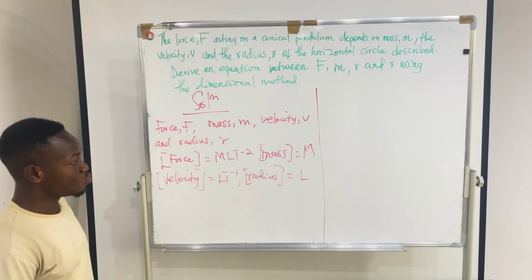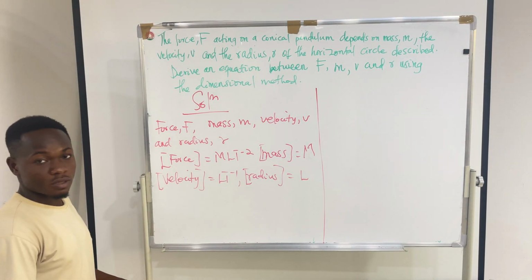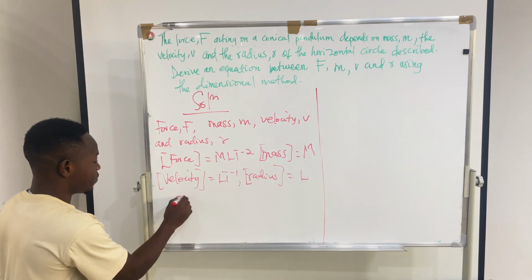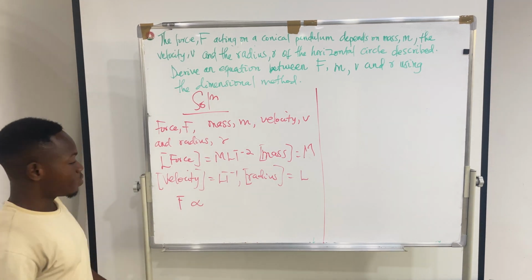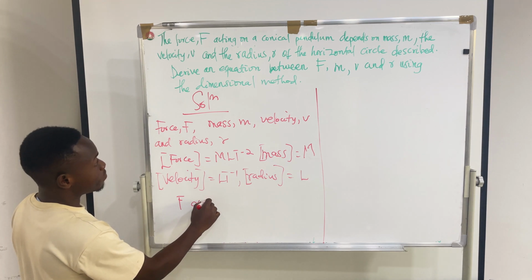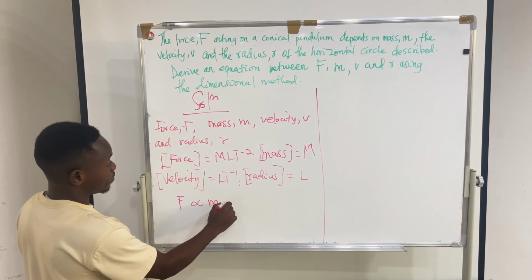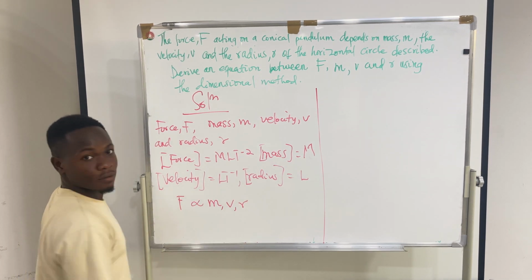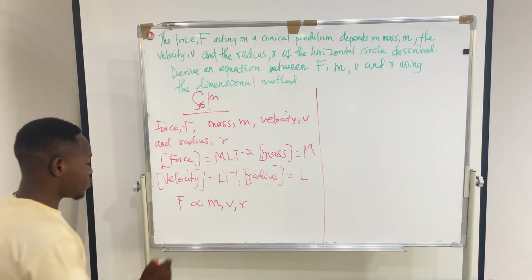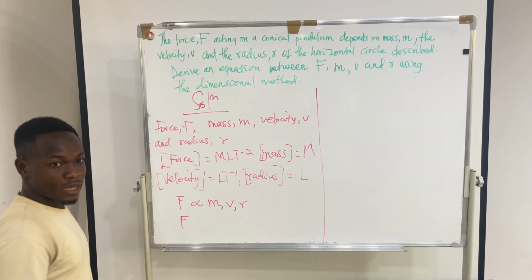The next thing is to write a proportional equation between them. So F depends on m, v, and r. We don't know the relation between them, so I'm going to use constants.